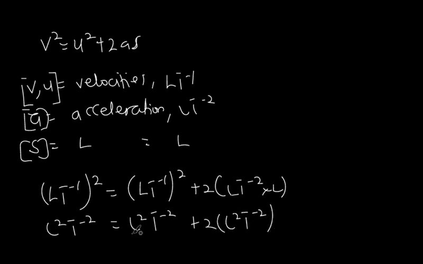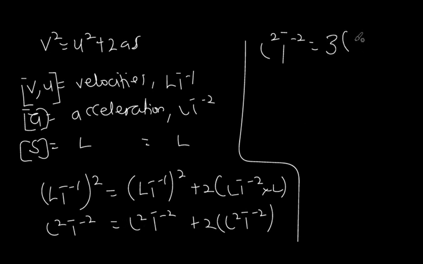Okay, so we can see that we have L squared T negative squared over here, the same thing over here. So we can have L squared T negative squared is equal to what? There's 1 here, there's 2 here, so we have 3 into bracket L squared T negative squared.